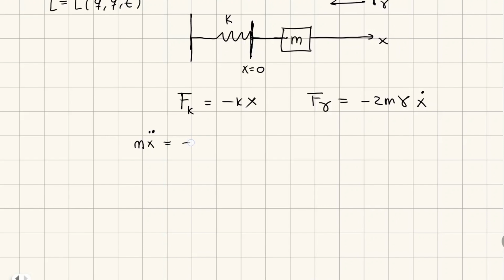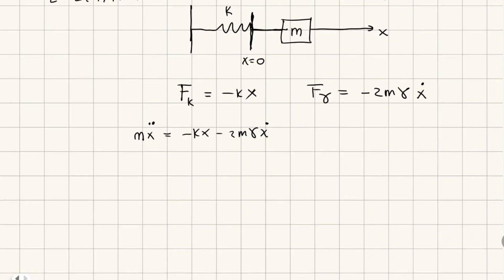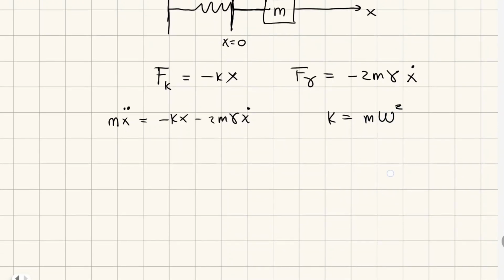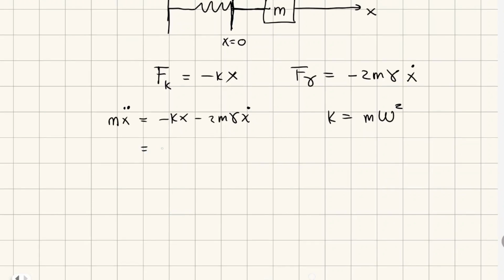That is the spring force, minus kx, and then minus 2m gamma x dot, the damping force. We also know from the study of harmonic oscillators that k can be defined as m omega squared. This is a very famous formula, so if we substitute, we get minus m omega squared x minus 2m gamma x dot.